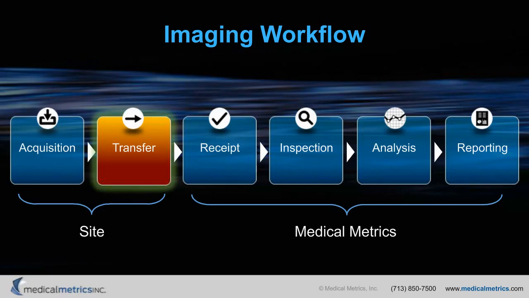We use Medidata for the image transfer step of the process. We rely on the platform to assure that all images are sent to us electronically in a secure and compliant fashion with minimum burden to the site. The platform has other functionality beyond image transfer, but transfer is currently how we use the technology in our clinical trial business.